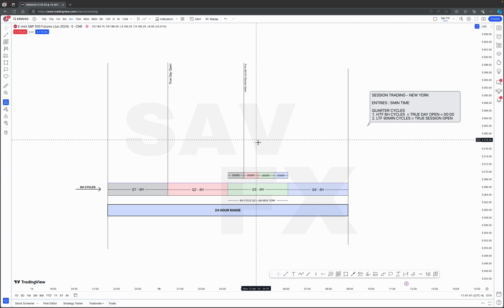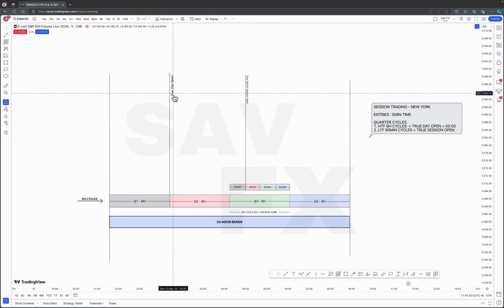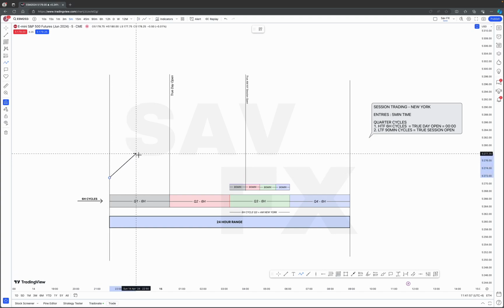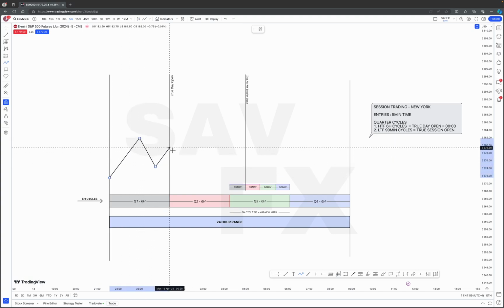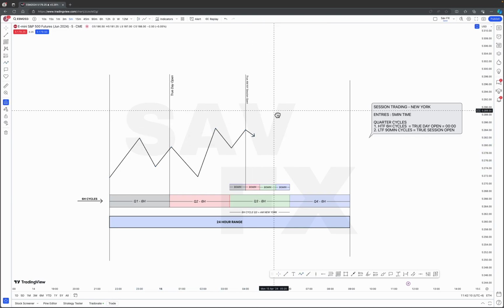So ideally, when you want to identify your premium and discount, or your precision areas, your high probability areas in which you want to be involved within the markets, you need to be above both these quarter ranges. For example, if price opens right here, then you have your true day open right there, and then price does whatever it likes, and then you have your true open right there, right?